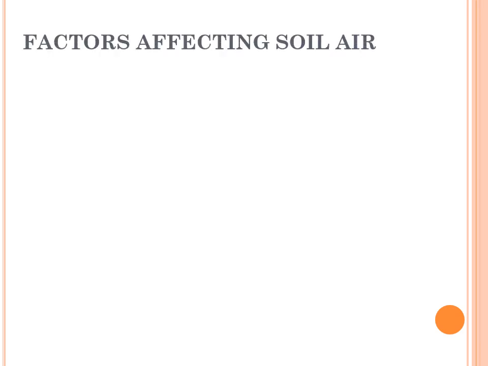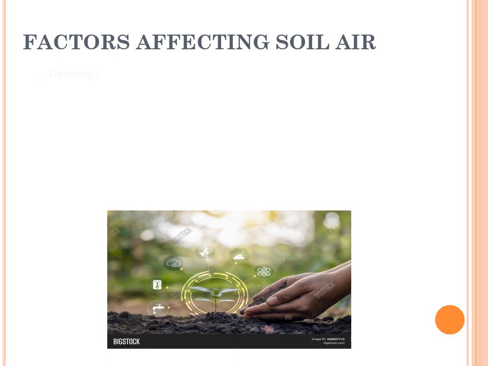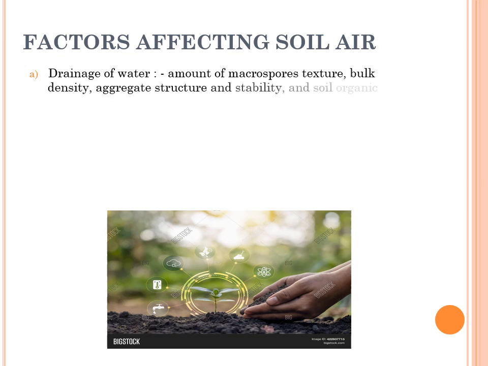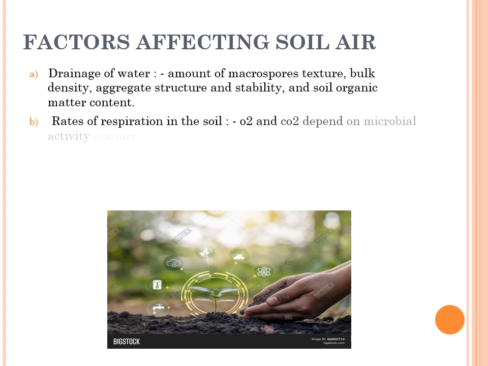Now we will learn the factors affecting soil air. The first and foremost factor is drainage of water, which includes the amount of micropores, texture, bulk density, aggregate structure and stability, and soil organic matter content. The second is rates of respiration in the soil.